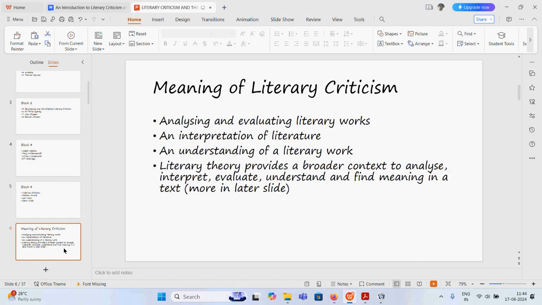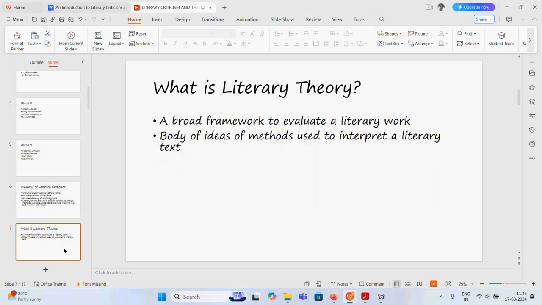It is an interpretation of literature. We can say it is an understanding of a literary work. On the other hand, literary theory provides a broader context to analyze, interpret, evaluate, understand, and find meaning in a text. We are going to discuss both in the slides to come.